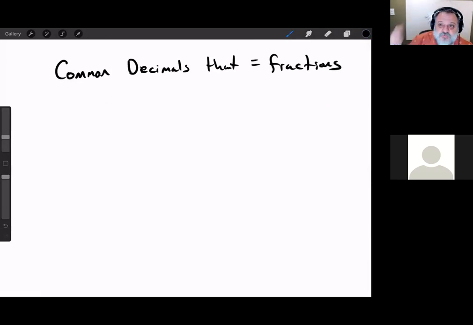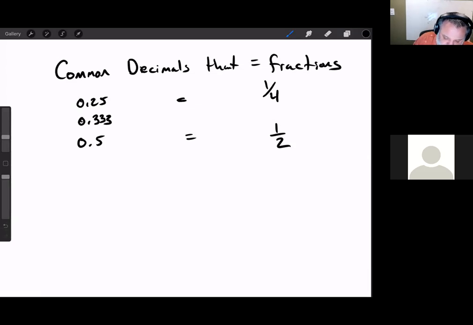Okay, common decimals that equal fractions. We already talked about this one, right? 0.5 is 1/2. What are some other common ones? 0.25 is 1/4. 0.333, you know that one?